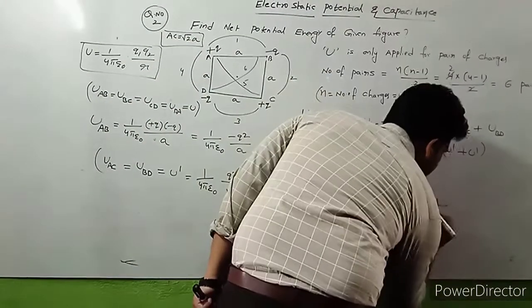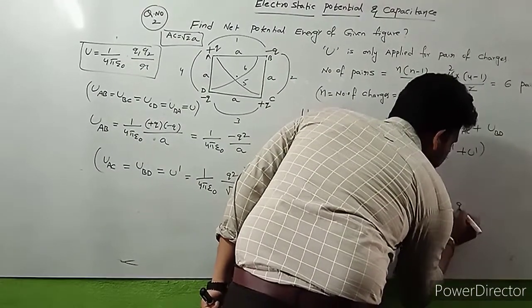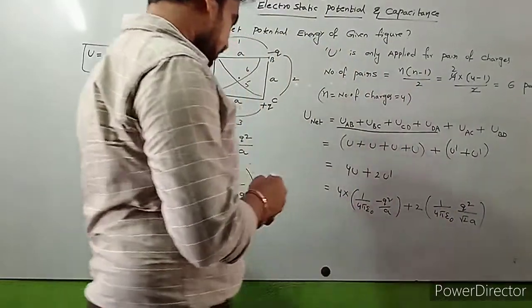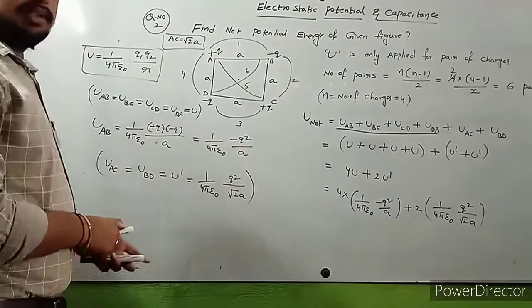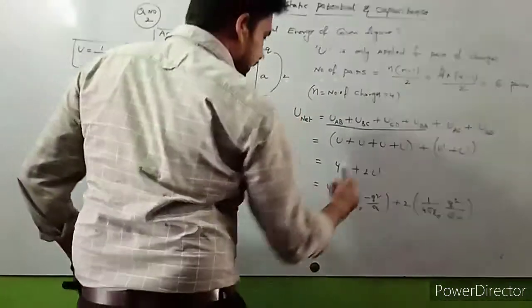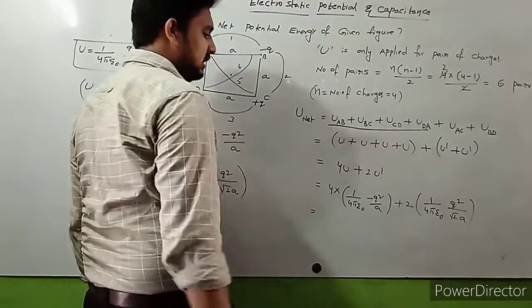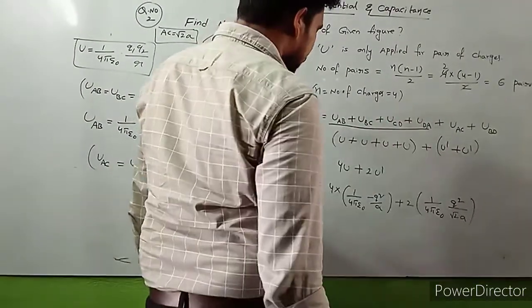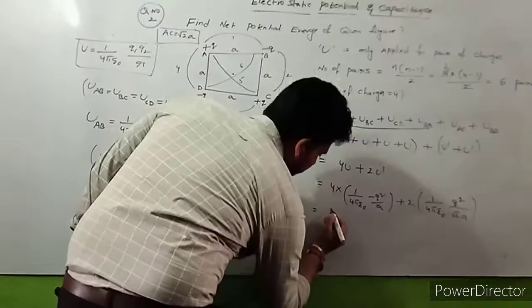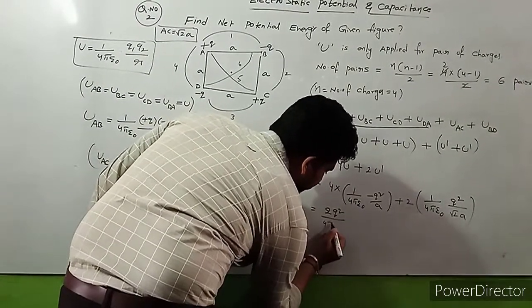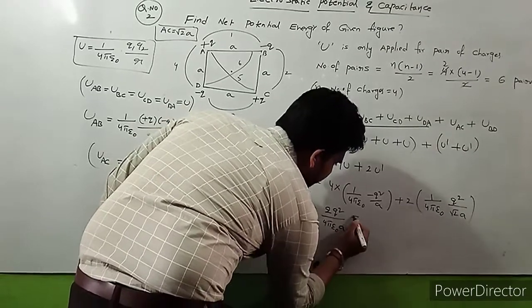Now find the common value: q square by 4 pi epsilon naught a is common, and 2 is also common.